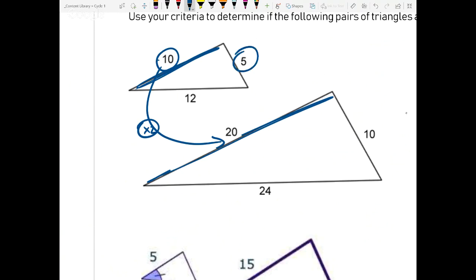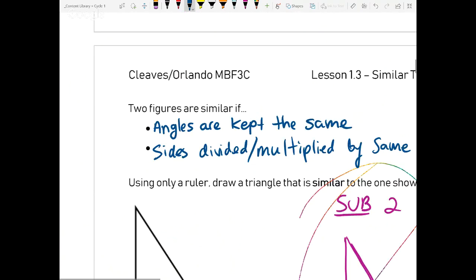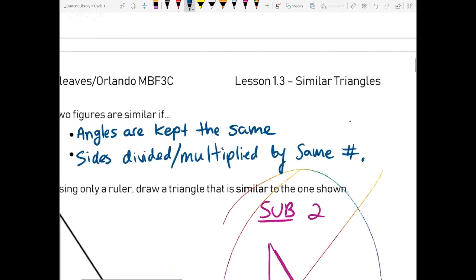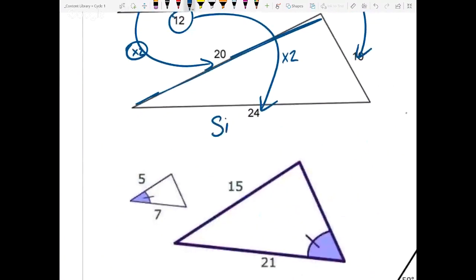And then this side to that side, what did we do? Doubled it. And this side to that side, we doubled it. And since all the sides have been multiplied by the same number, that was one of our two definitions, right? We said the sides divided or multiplied by the same number means they must be similar. So yeah, that is similar.